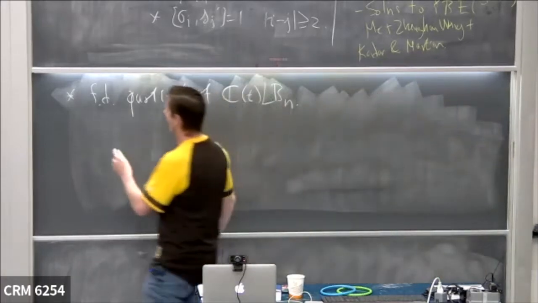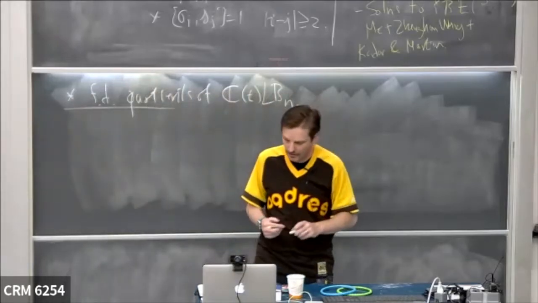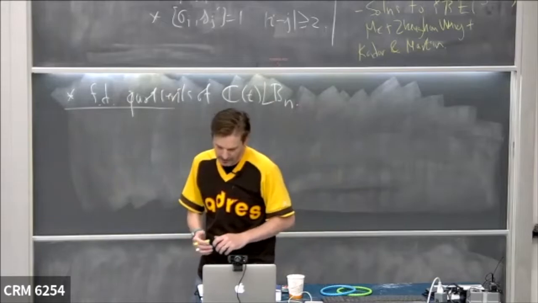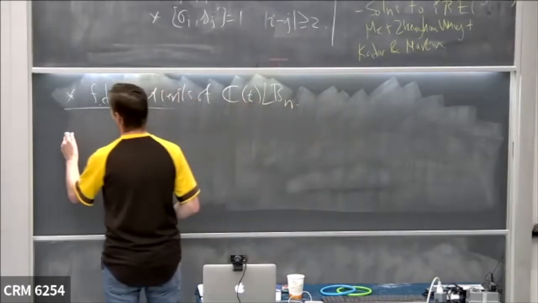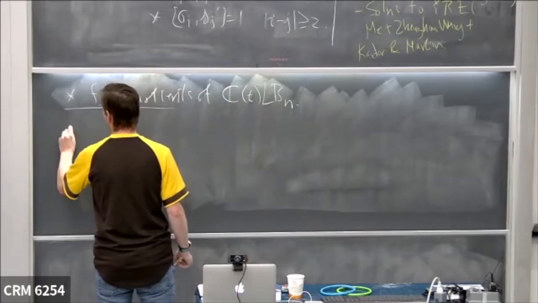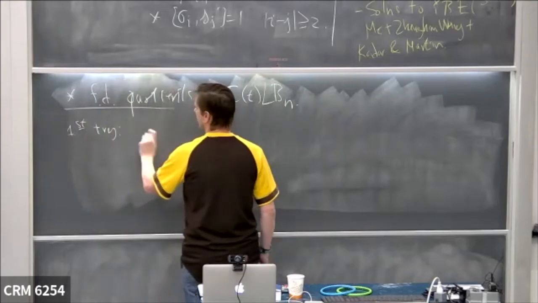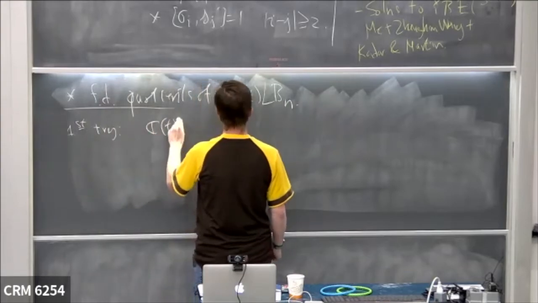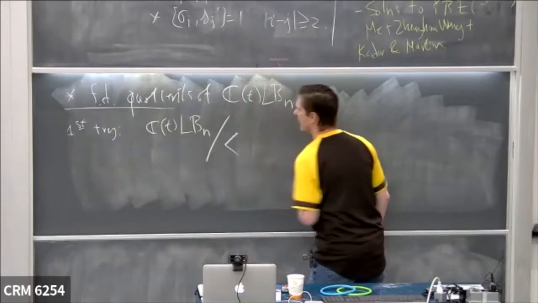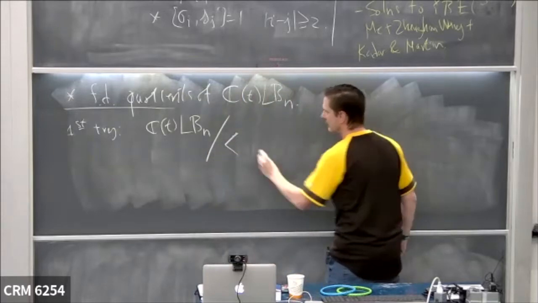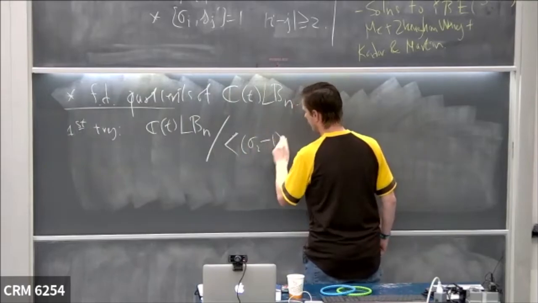So this is what we thought about to start with, trying to find finite dimensional quotients. So the first try would be to take the Hecke relation, where you mod out by the ideal generated by sigma_i minus 1.